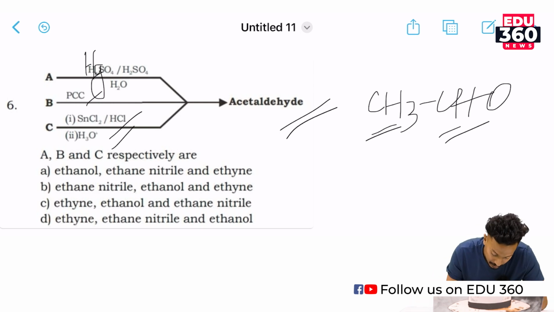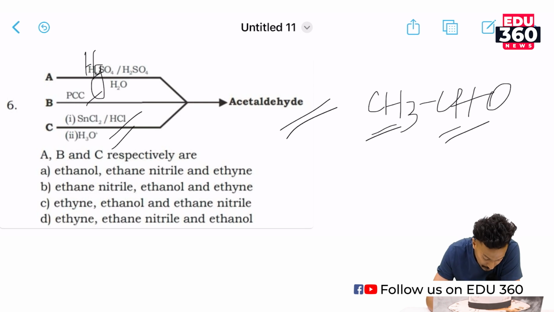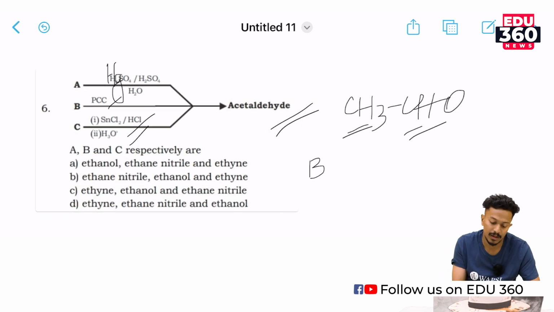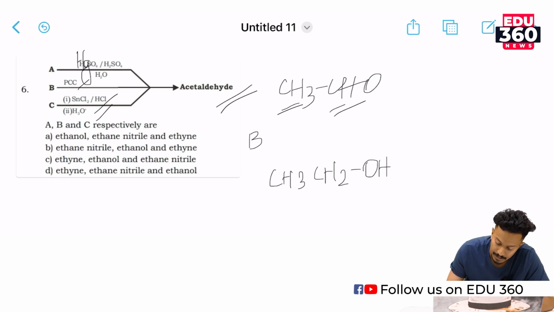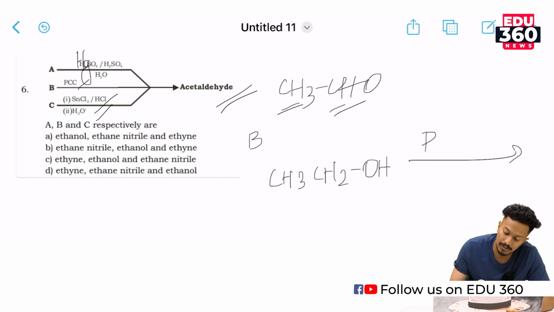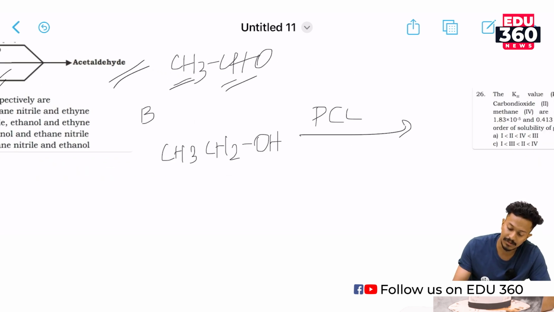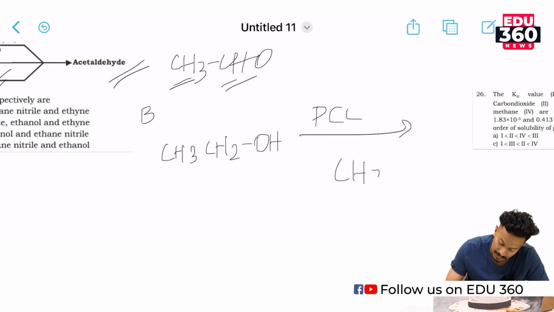So the correct option B would be ethanol. When ethanol, CH3CH2OH, is treated with a mild oxidizing agent, we get CH3CHO, acetaldehyde.